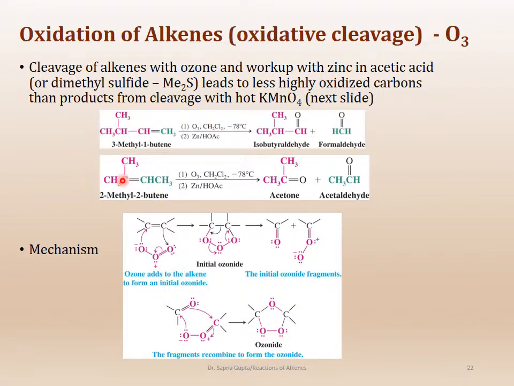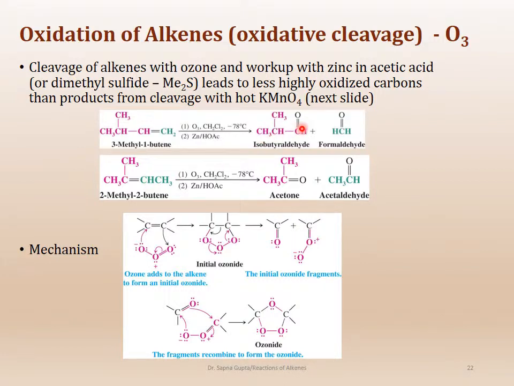When you have a carbon that is substituted on the double bond, and another carbon that is not substituted, then when you cleave this one, there's no hydrogen on the left carbon, which means that you will end up getting a ketone. If there was a hydrogen, then you would get an aldehyde, which is what you see here. So if both of these were completely substituted with carbons, you will end up getting ketones.